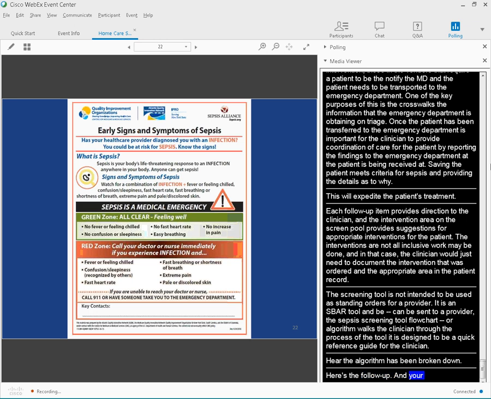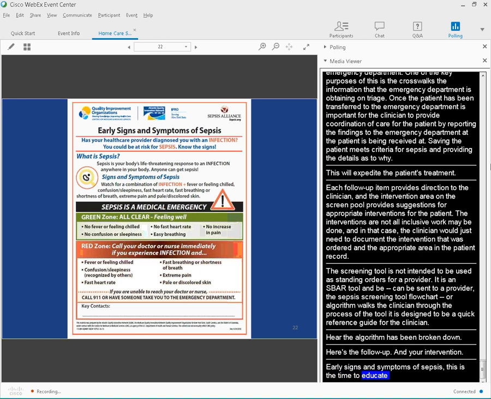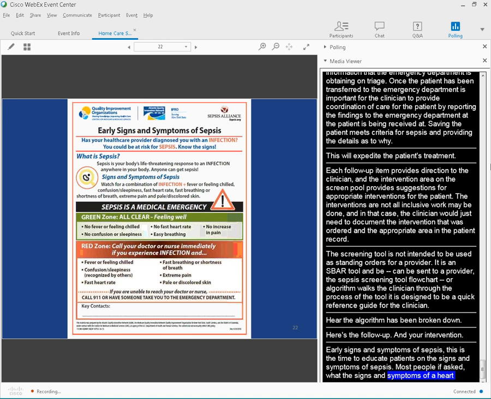The early signs and symptoms of sepsis zone sheet is designed to educate patients on the signs and symptoms of sepsis. Most people, if asked what the signs and symptoms of a heart attack are, would be able to state a few key signs and symptoms and what they would need to do if they felt that they were having a heart attack.